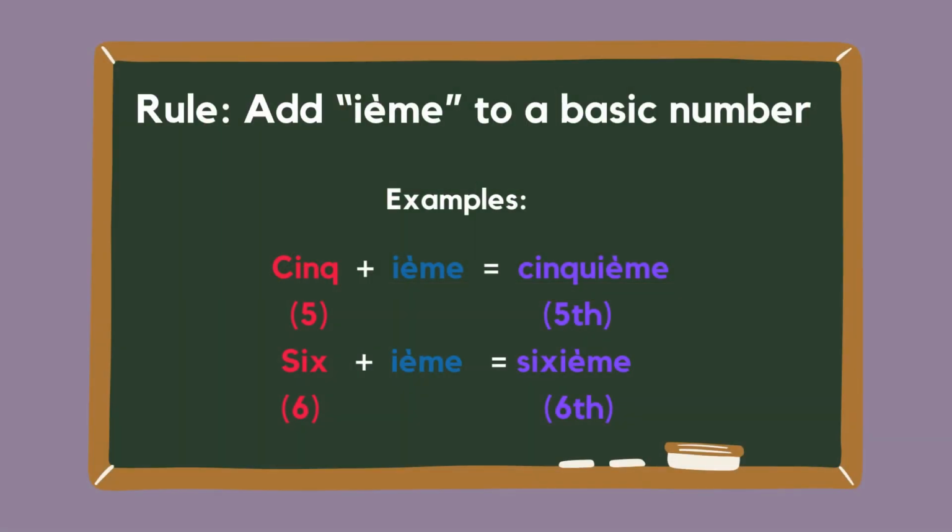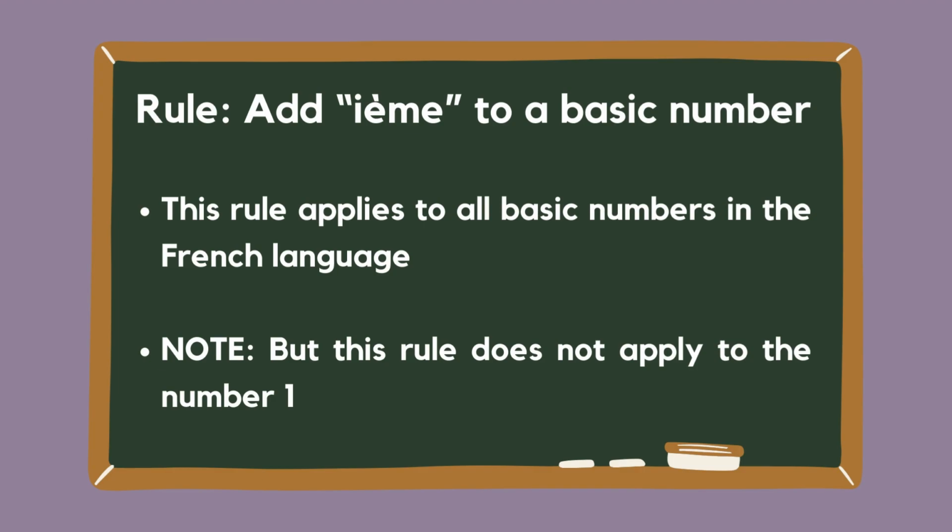For example, to say fifth in French, we would simply use 5 plus -ième to create cinquième. We apply this rule to all basic numbers in the French language. However, this rule does not apply to the number 1. Let's take a look.